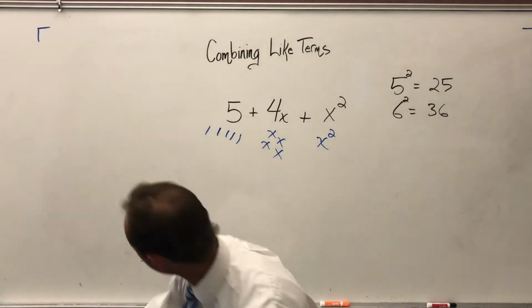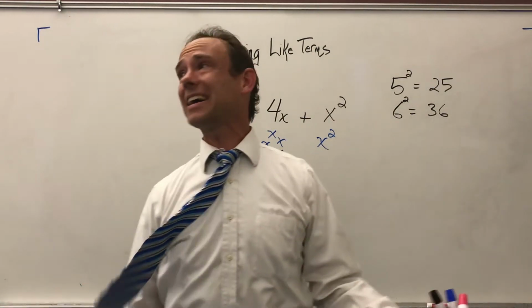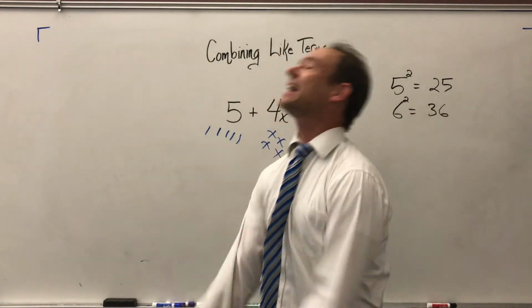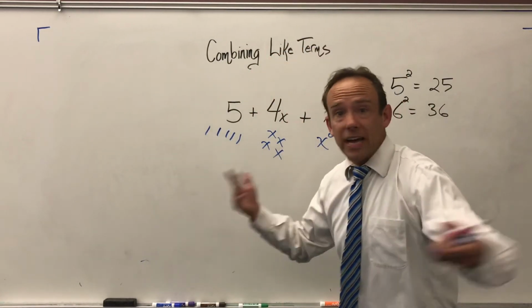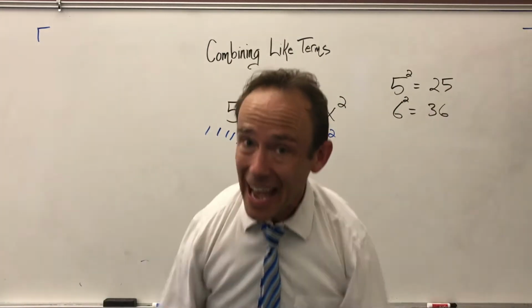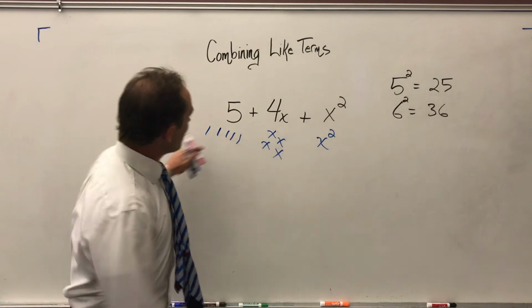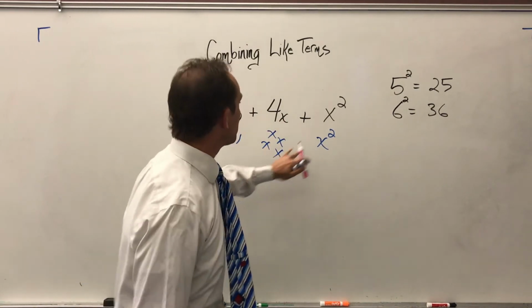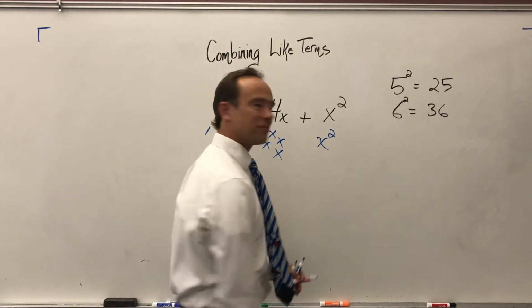Because the act of combining is always an act of asking yourself, how many of these things do I have? That's the plus sign. It's not multiplication. This is adding. How many ones do I got? I got 5 of them. How many x's? I got 4 of them. How many x squares? I got 1 of them.